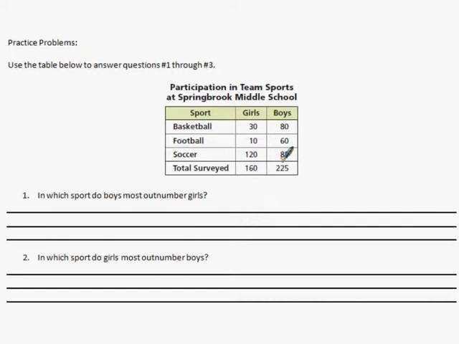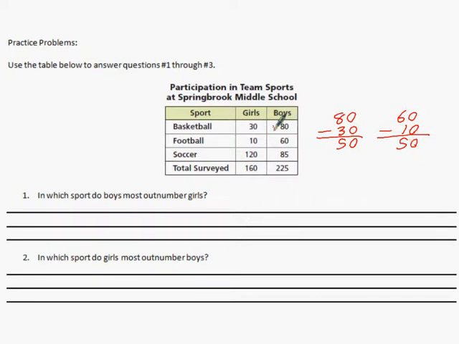So when there are more boys than girls, well, it looks like basketball and football, there are more boys than girls. In basketball, boys are 80 minus 30, 50 more than girls. In football, well, we have 60 minus 10, once again, 50. So even though the numbers are slightly different, in each sport they outnumber girls by 50.